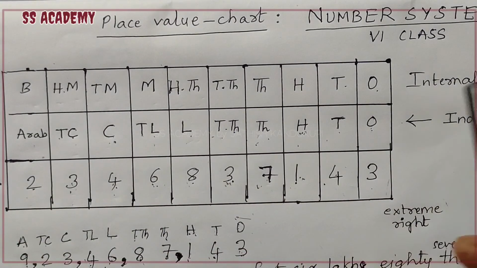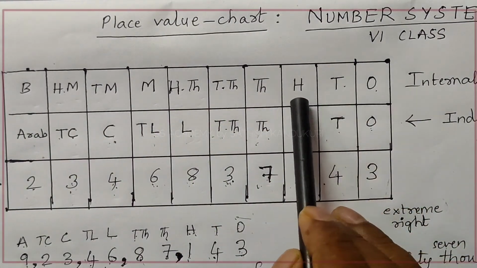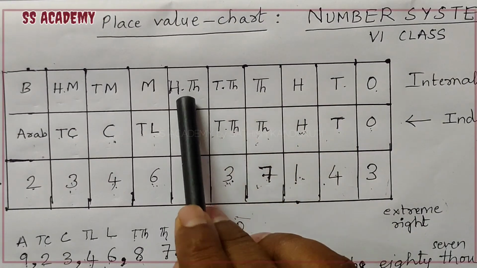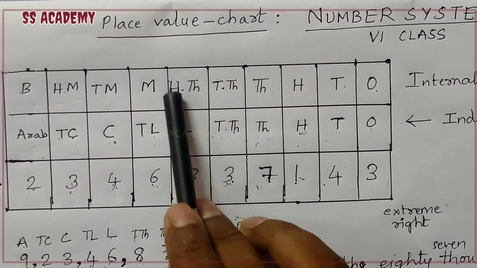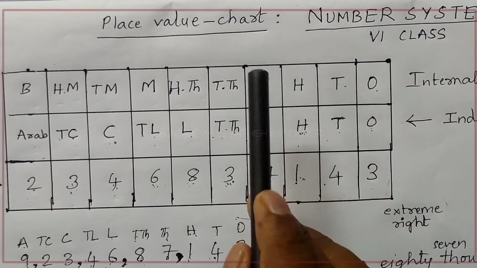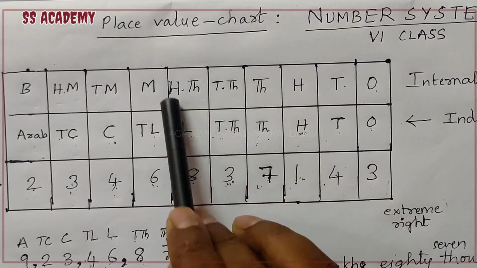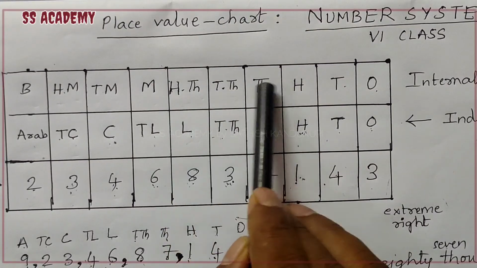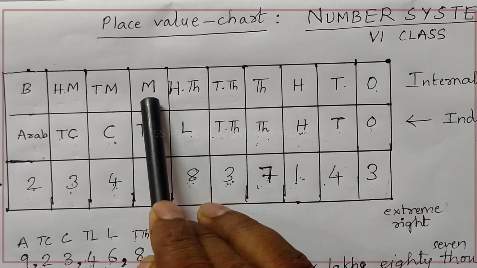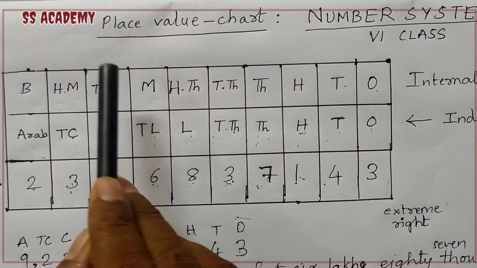Once again I am explaining: ones, tens, hundreds. After that thousands, 10,000s, 100,000s. So how many numbers are under the thousands category? 3. After completion of thousands we get into millions place: millions, 10 millions, 100 millions.